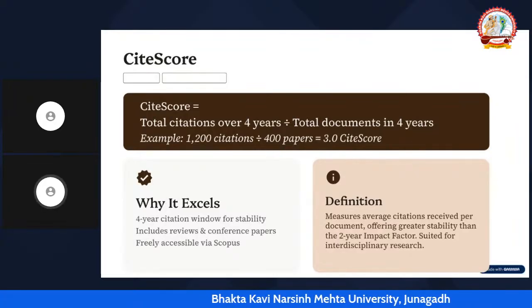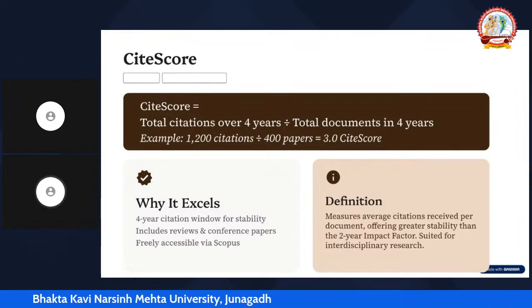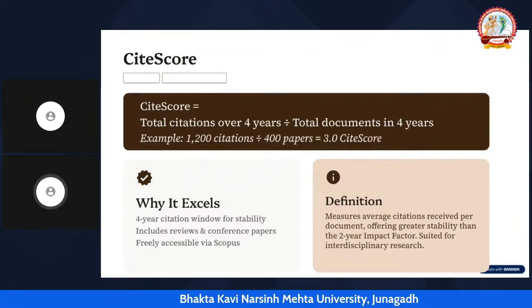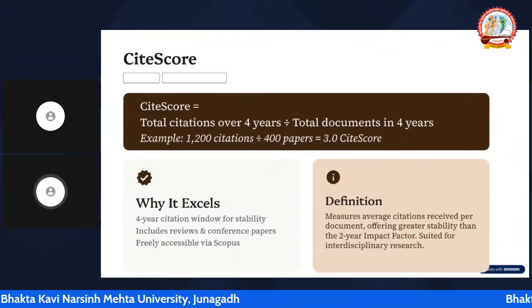Now, the second matrix is CiteScore. CiteScore has a window of 4 years. That means we use the articles from the previous 4 years.